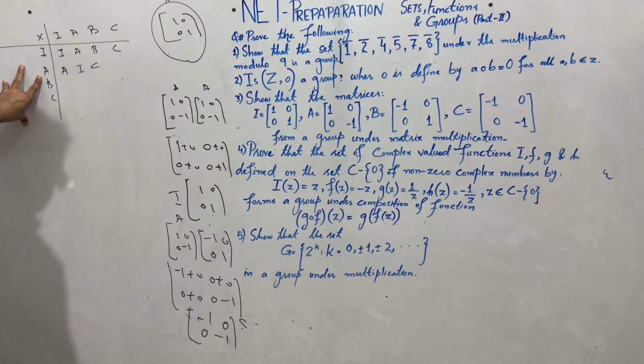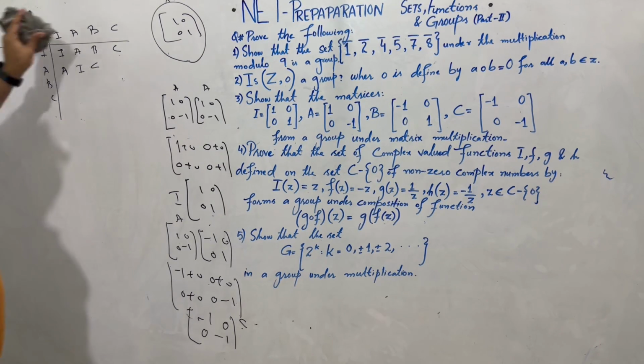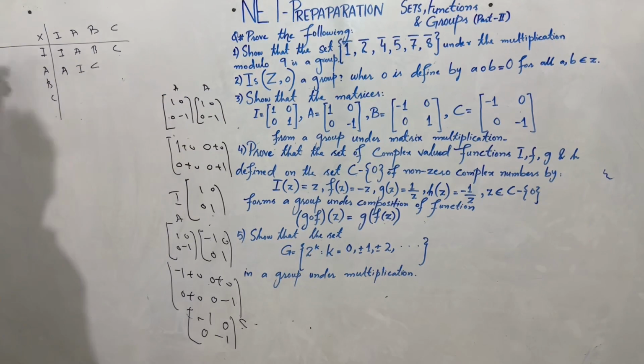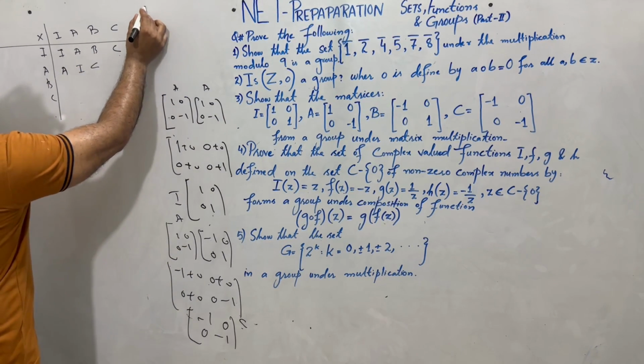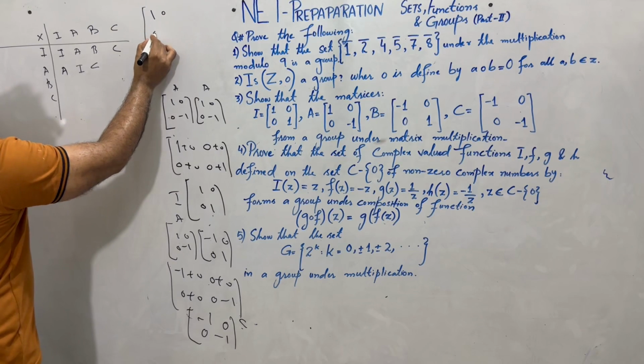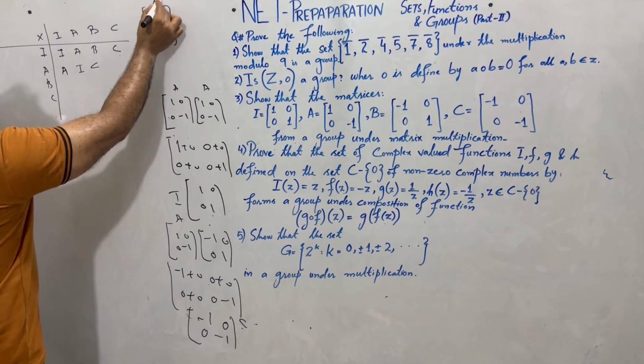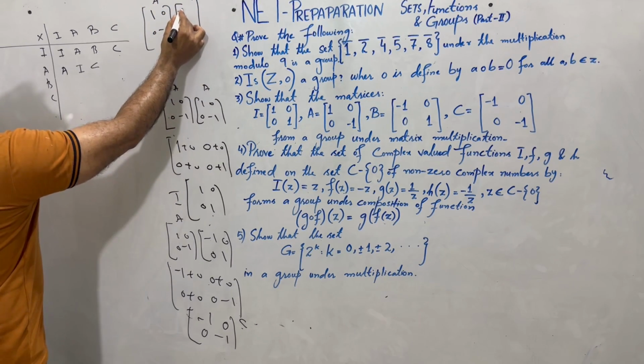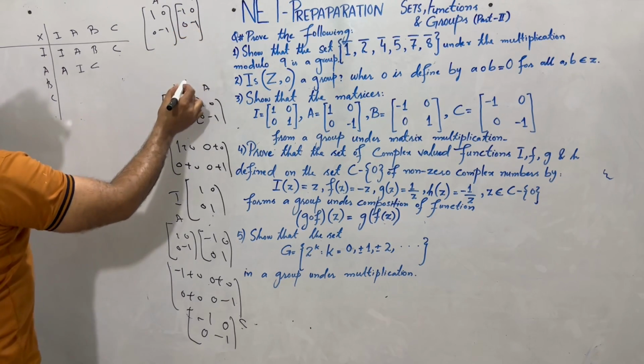Now A multiplies with C. A times C. What is our A? Our A is [1 0; 0 -1]. That's our A. Multiply with C, that is [-1 0; 0 -1].